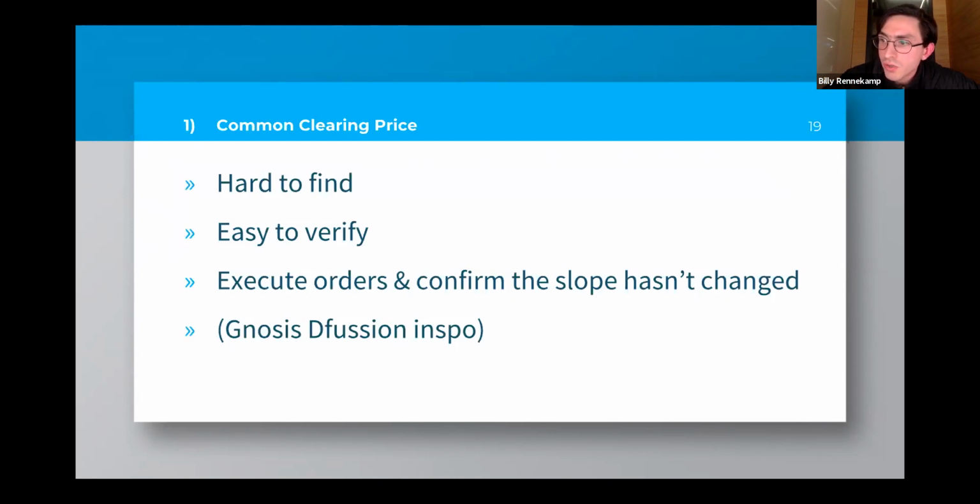As long as those two numbers still equal a scenario where our slope hasn't changed, that means that price was correct. If you used an incorrect price, you would have a little bit too much collateral or a little bit too many tokens, which would actually result in a change of your slope. Maybe it would increase the severity of the slope, or maybe it would change the polynomial of it slightly. And so confirming those is actually pretty simple.